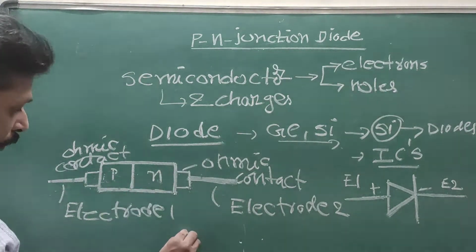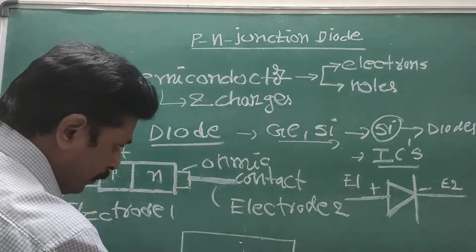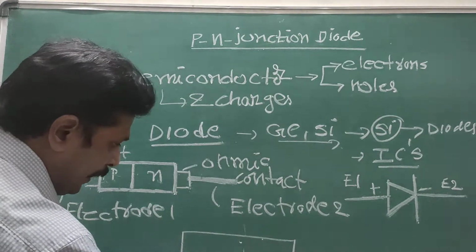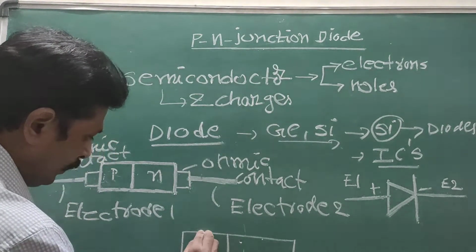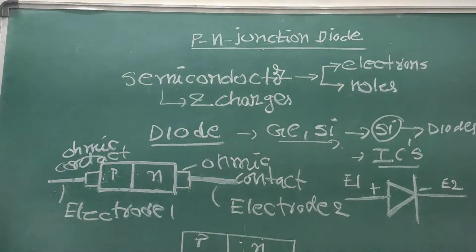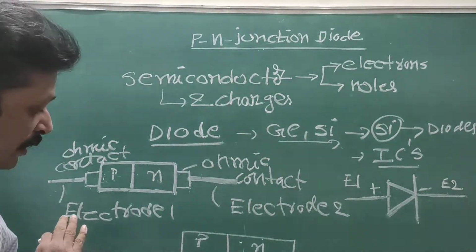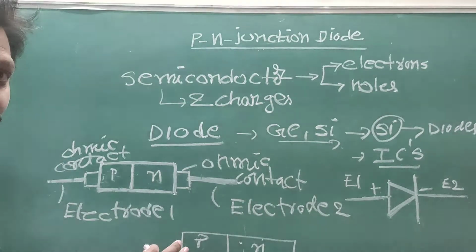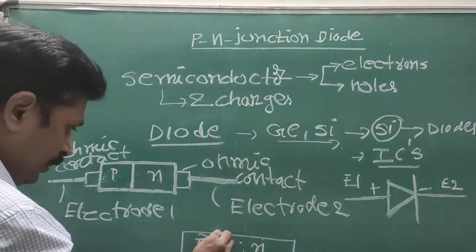Now here again I will go back to the point briefly. It is a p-type and n-type, the same thing I redrew here. P-type and n-type. You know, at room temperature there is a possibility of formation of one layer around the junction.